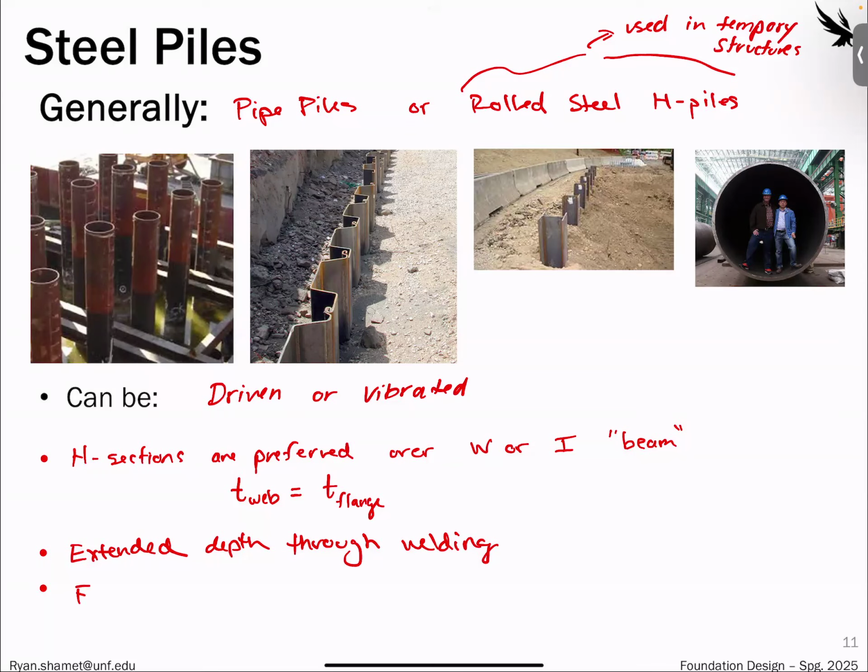Also, then the pipe piles or whatever, they can be filled with concrete after. Which makes it a composite pile.